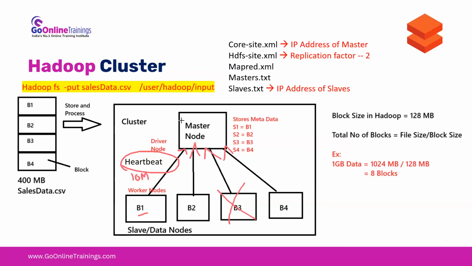So the main computer knows that this guy is working, this guy is there. If a machine is not sending any signal every 10 minutes, the master node knows that this machine has gone dead. Clear? So how does the master node know that these machines are live and working? Because there is a heartbeat that is automatically implemented in your cluster.